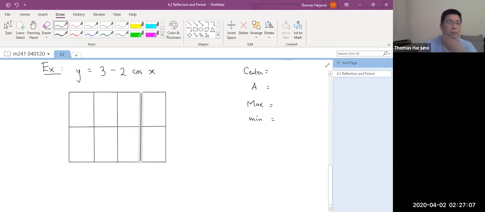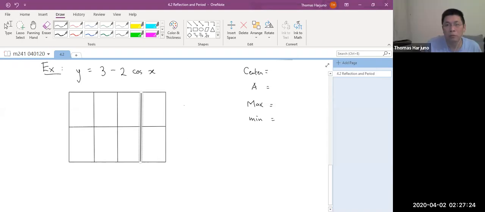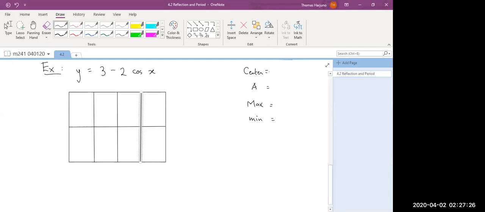Okay, what's the center? Three. Center is 3. How about the amplitude? 2.